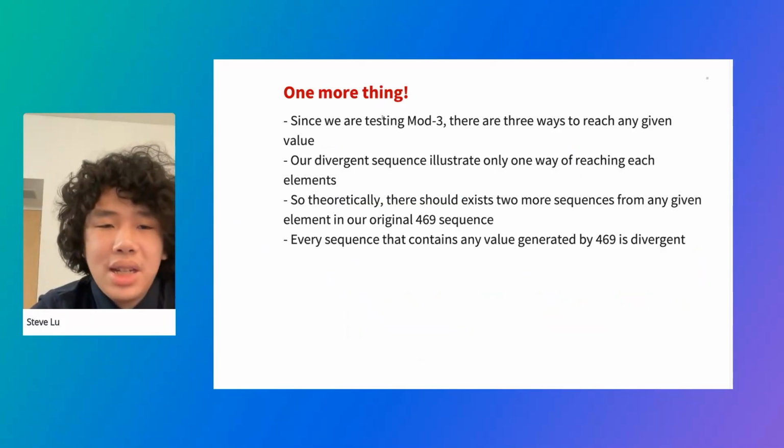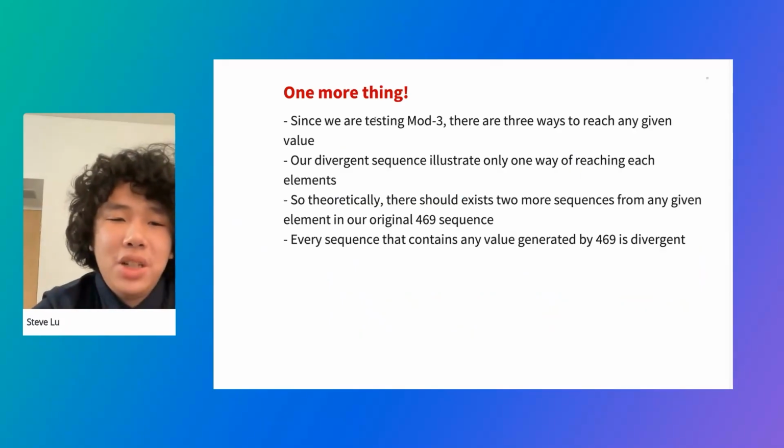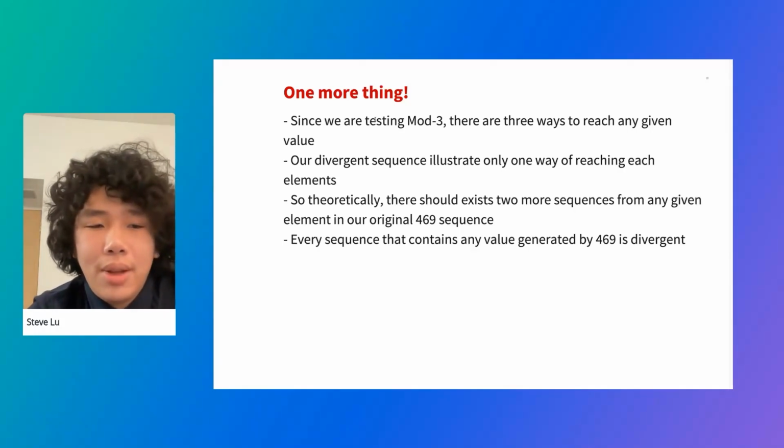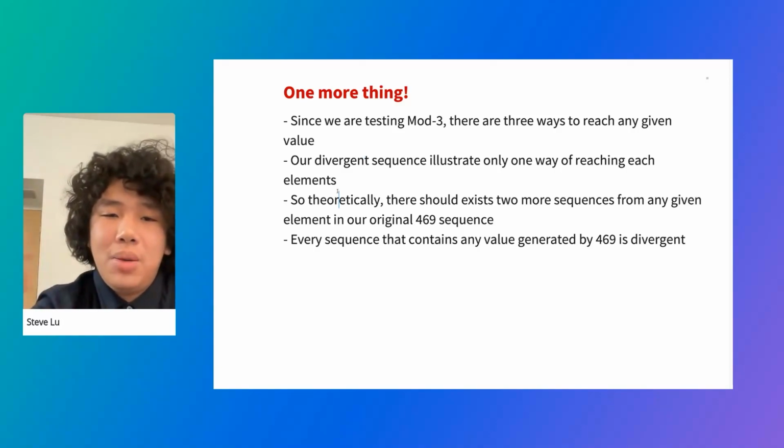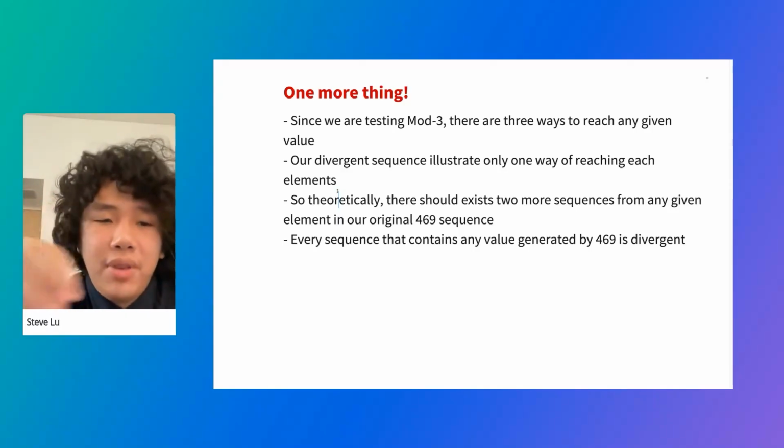So there's actually one more thing. I did kind of mention it, but since we're testing mod 3, there are 3 ways of reaching any given value. And our divergence sequence technically only illustrates one way of reaching each element. So basically, we're generating a forward sequence where each element is generated from a previous value.